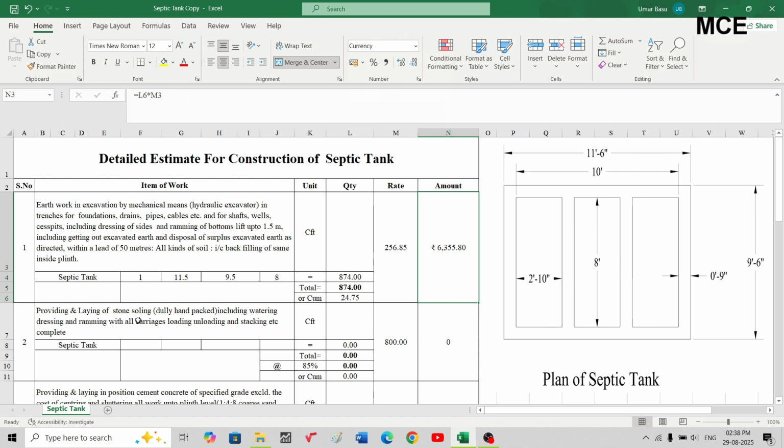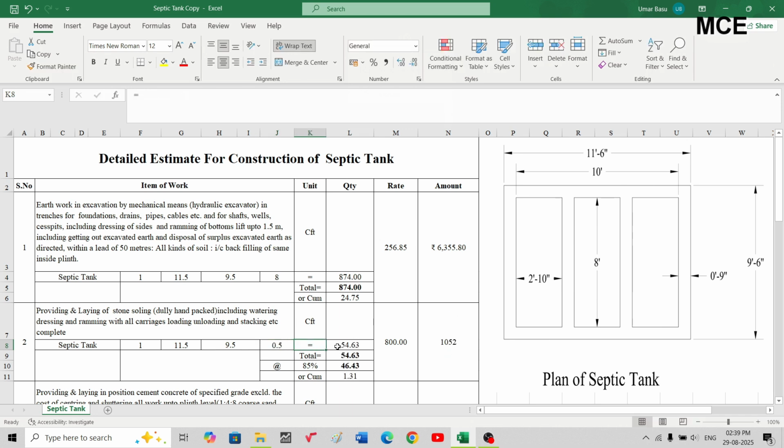The next item is that after excavating all the earthwork out, we will prepare the base, first using stone soling. Stone soling will be laid on the same plan area, that is 1 into 11.5, which is the length of the septic tank, breadth is 9.5, and the thickness for this item I will take is half feet, which is 0.5.